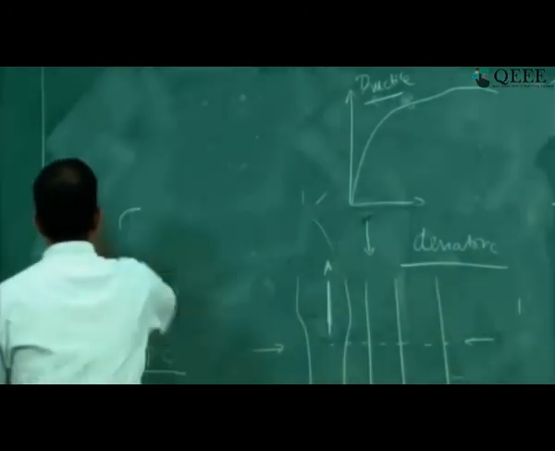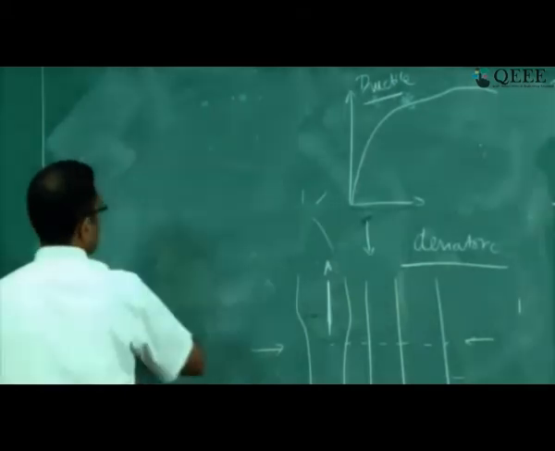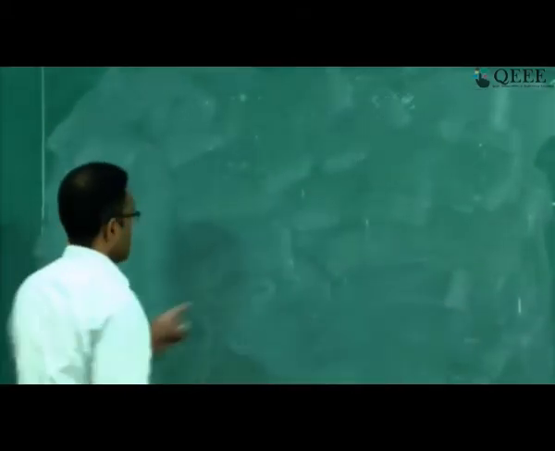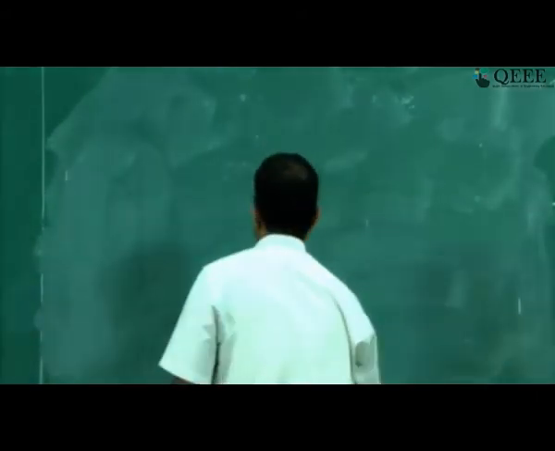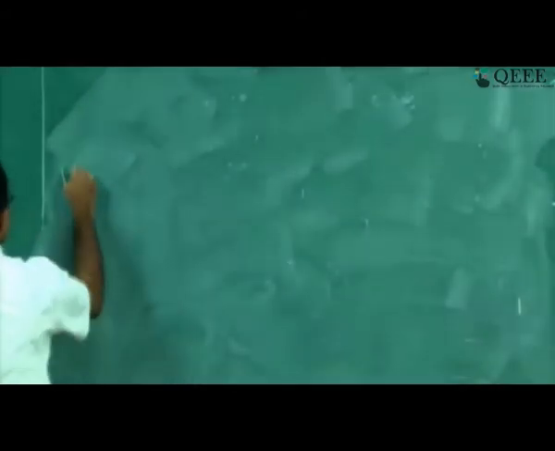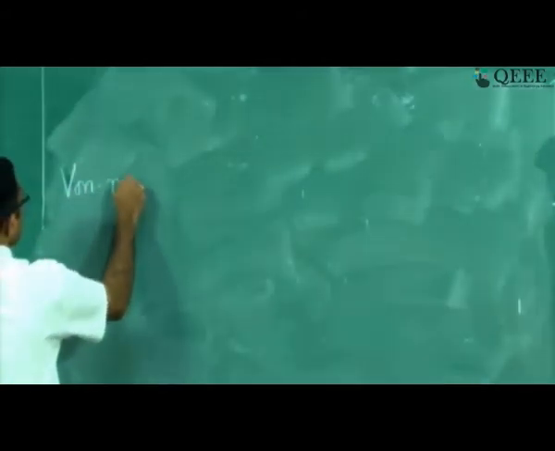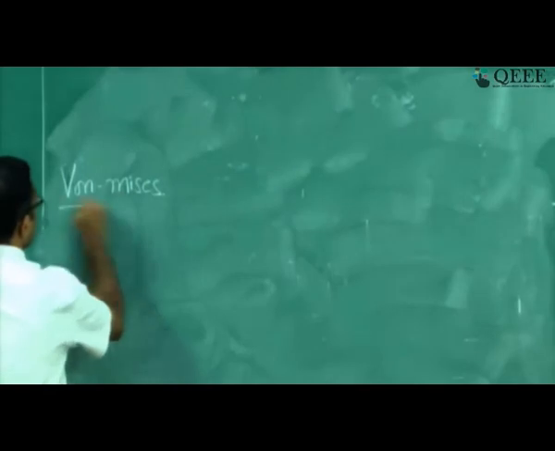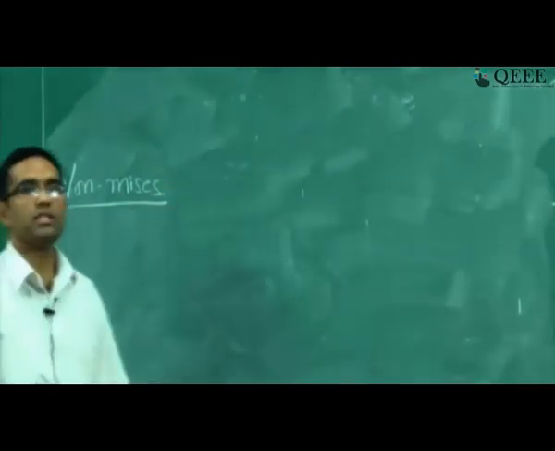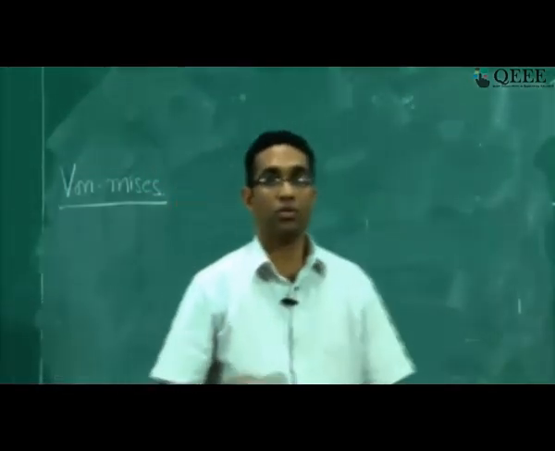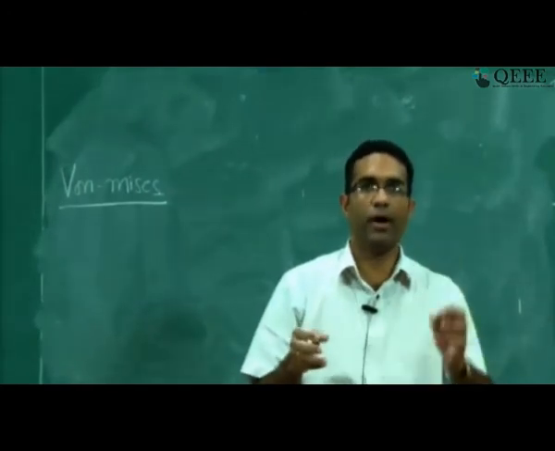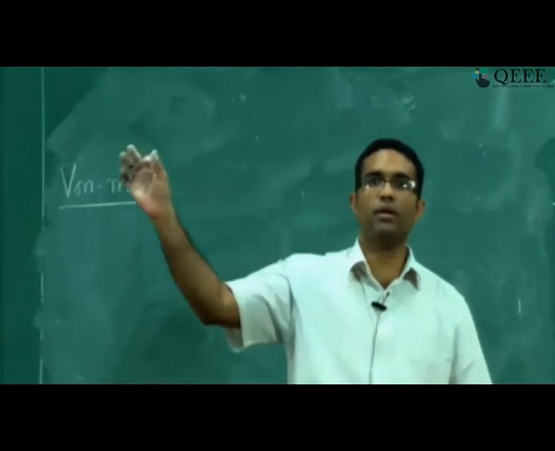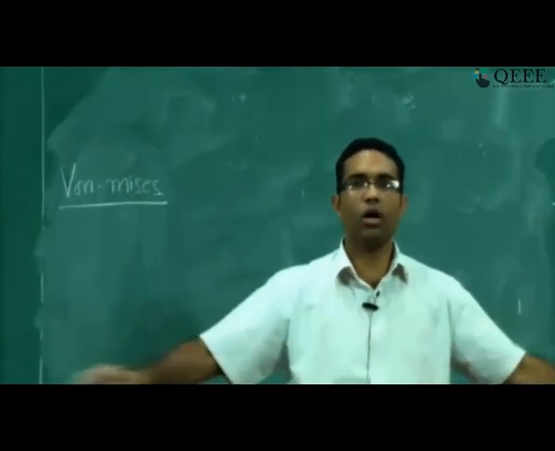So we now come to the first failure theory, which is the distortion energy theory, which is associated with the dislocation motion nicely, and it's called the von Mises theory or the distortion energy criterion. It tells you that whenever the elastic strain energy density associated with distortion in the material at a given point reaches a certain critical value, the material yields or fails.